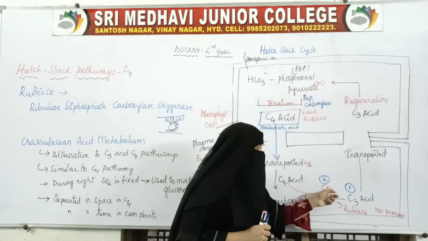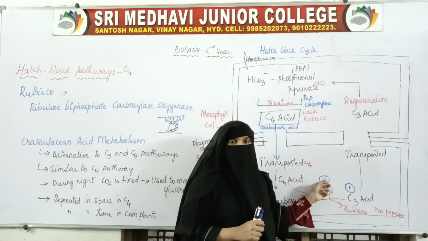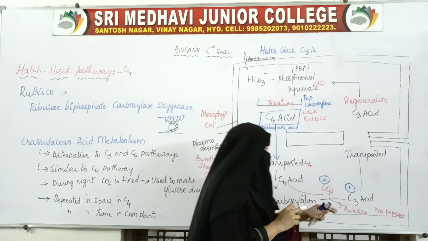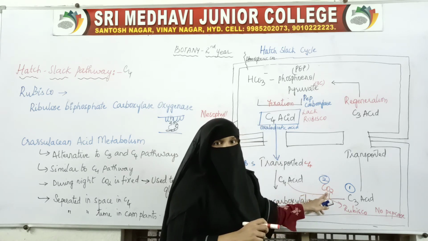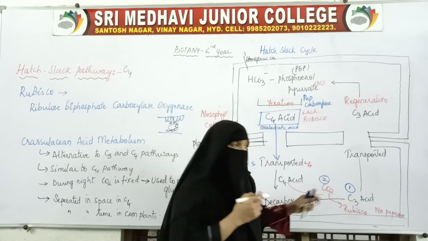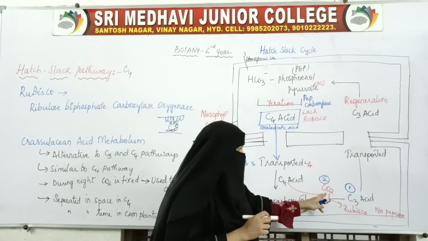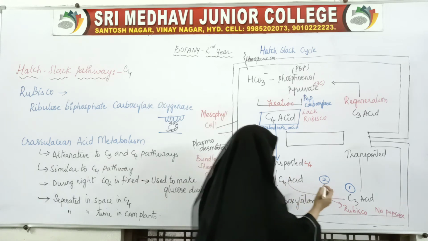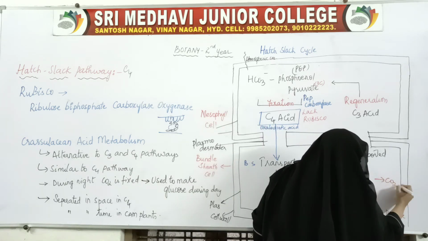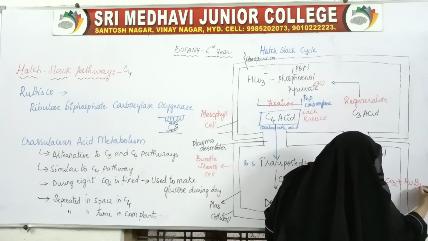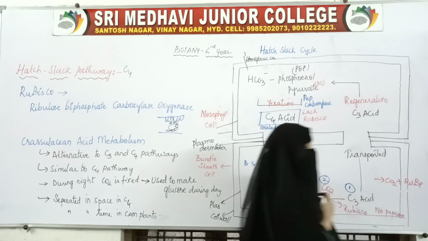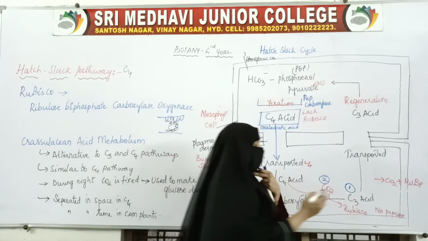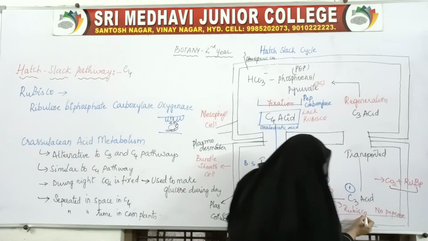Now the leftover is the carbon dioxide. This carbon dioxide combines with RuBP, and this combination is because of the enzyme rubisco.